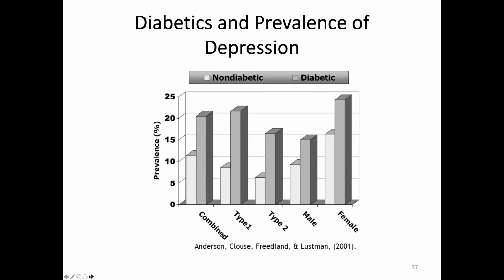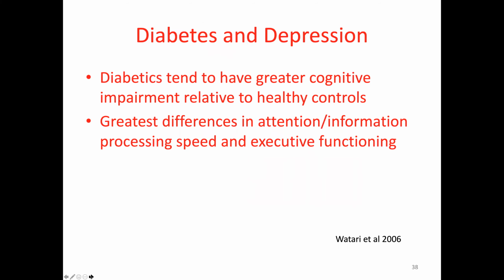If you think about it, if we're treating depression and can put counseling together with drug therapy, we should be pretty successful with this. And again, diabetes is lifelong, and this is going to control that. But what we do see, and this seems common sense, is that diabetics tend to have greater cognitive impairment.